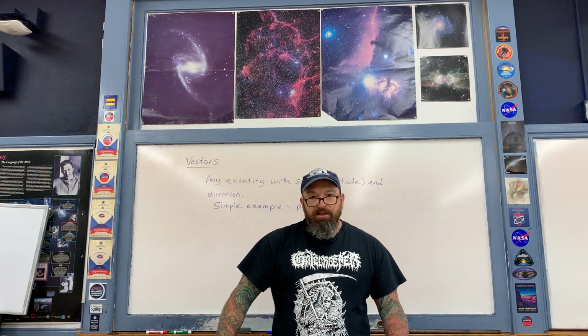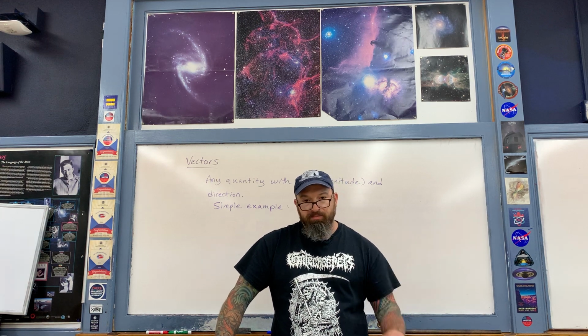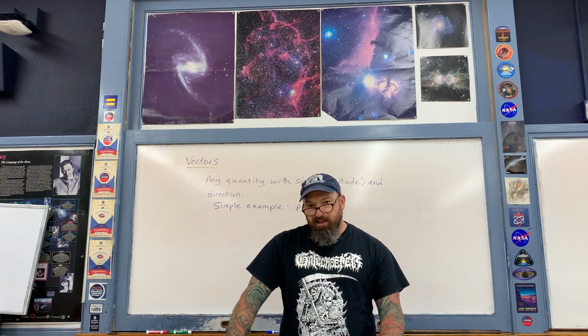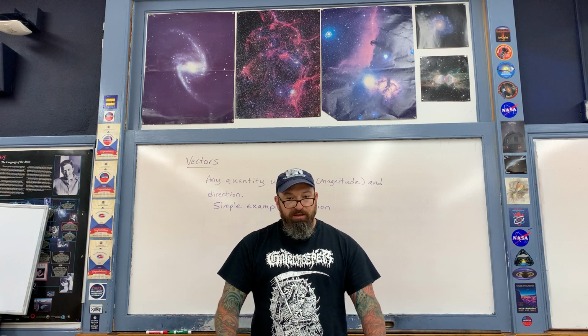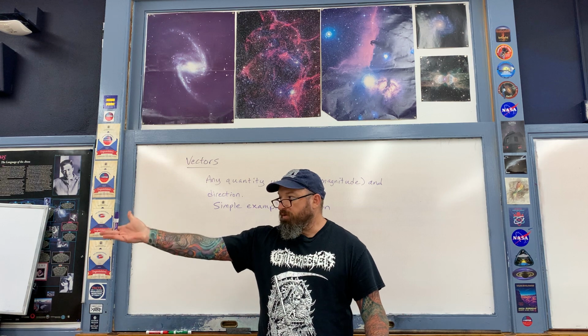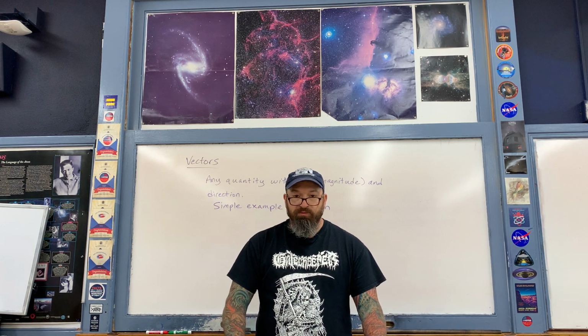So for example, let's say that you are going to describe my position in this room to somebody else. If you were to do so, you would basically have to state two things. First of all, let's picture this room as a reference frame, as a coordinate system. And then let's say the door, which is over there on my right-hand side, is the origin, a point of reference.